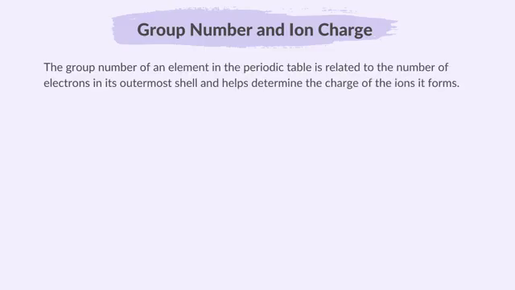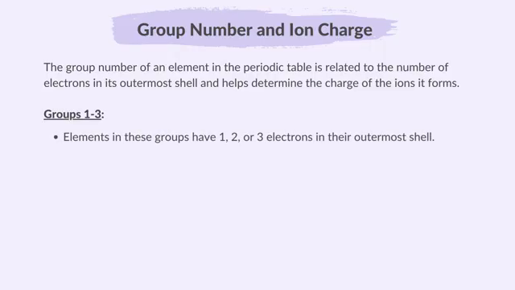Next, group number and ion charge. The group number of an element in the periodic table is related to the number of electrons in its outermost shell and helps determine the charge of the ions it forms. Elements in groups 1 to 3 have 1, 2 or 3 electrons in their outermost shell.